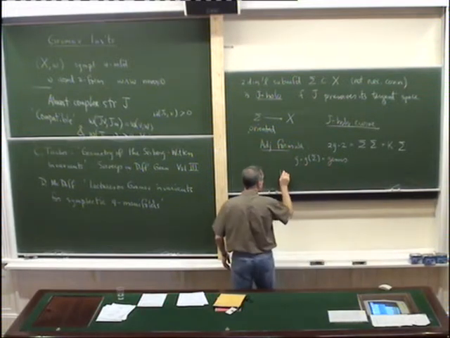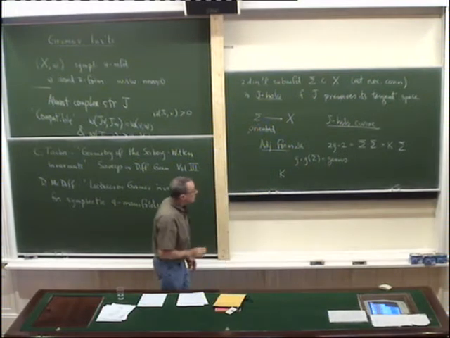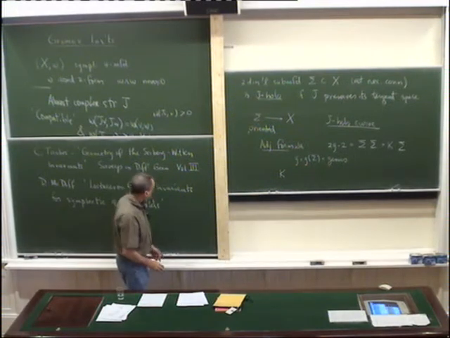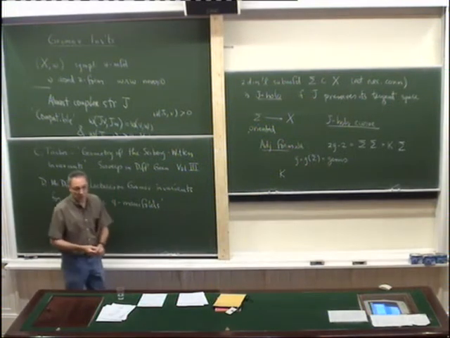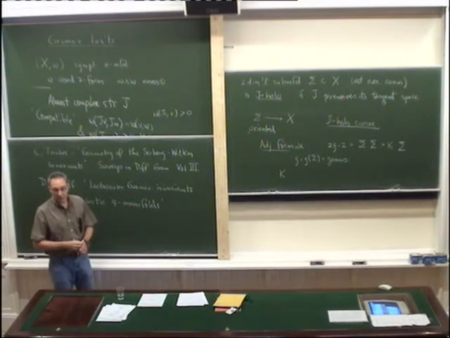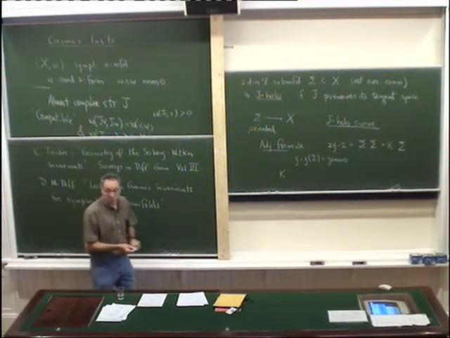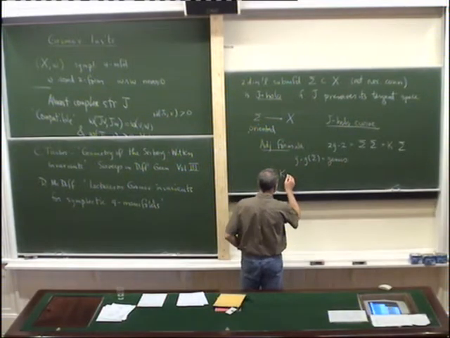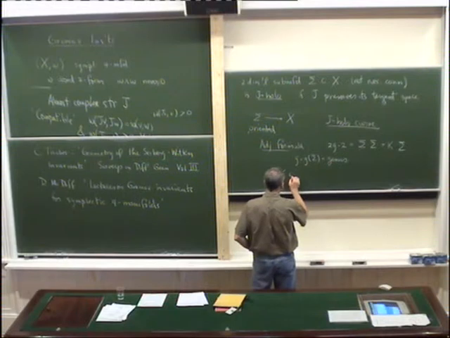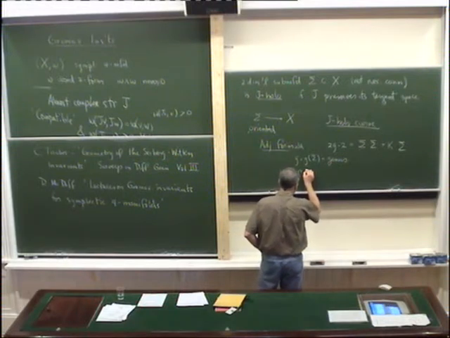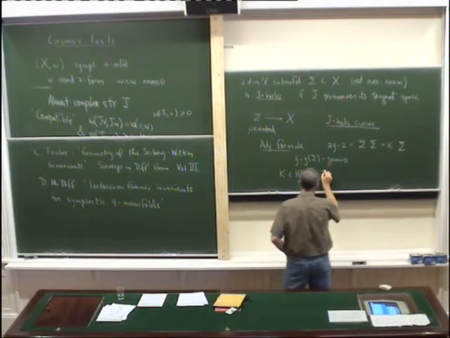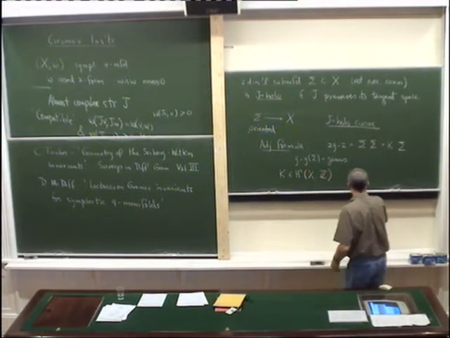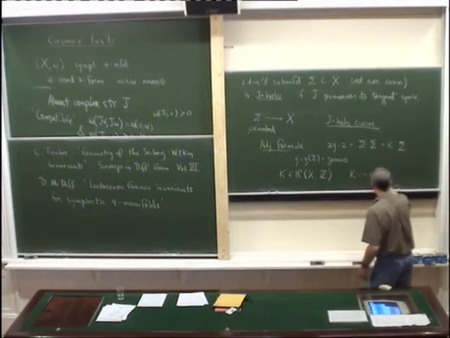And K? Well, since we have an almost complex structure, the tangent bundle now inherits a complex structure, and so it has Chern classes. So you can think of K as the element of H2 given by minus c1 of the tangent bundle.